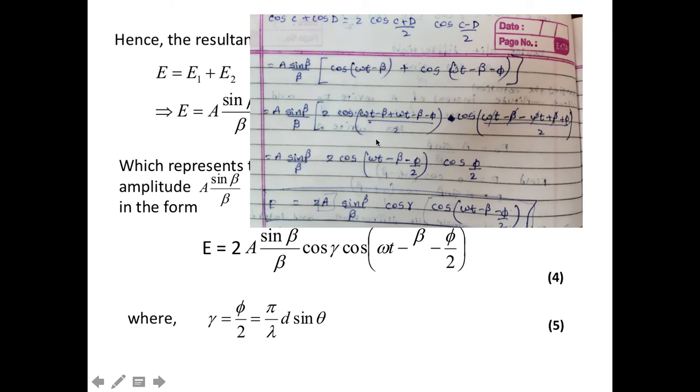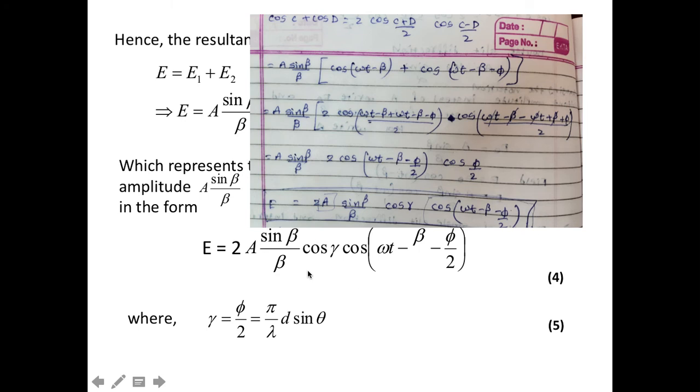So we get omega t minus beta minus phi by 2. Here cos phi by 2 means cos gamma. So it is nothing but 2A sine beta upon beta cos gamma cos omega t minus beta minus phi by 2, and gamma, which is phi by 2, is equal to pi upon lambda d sine theta.